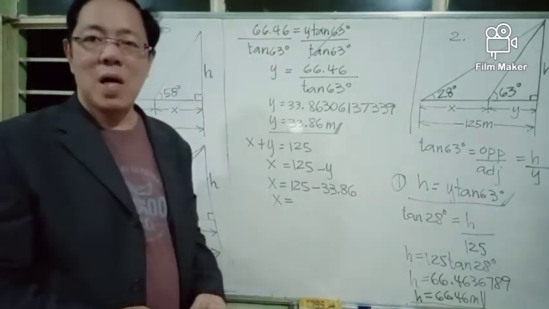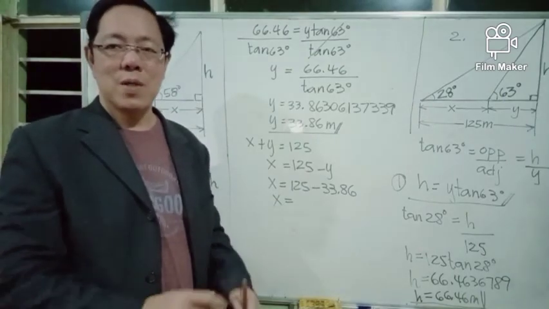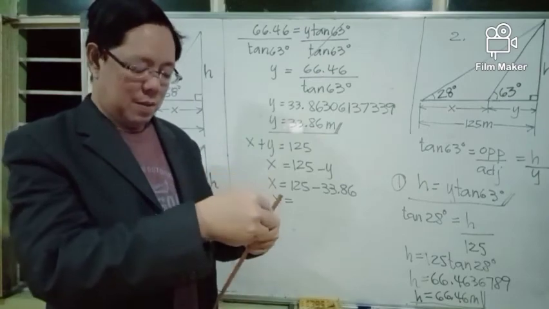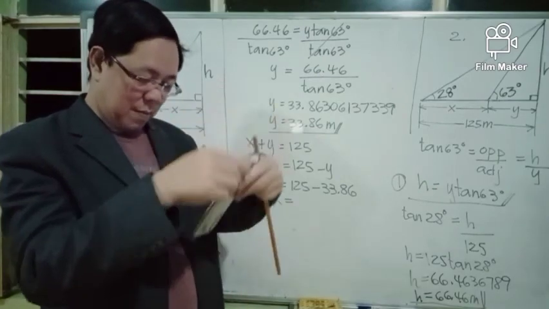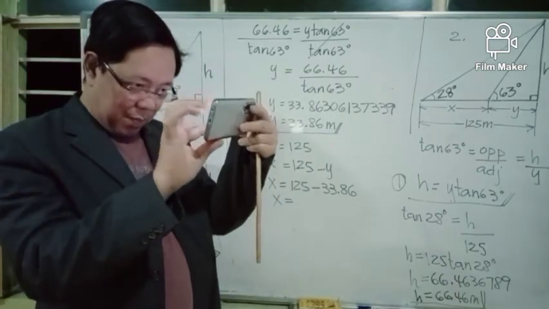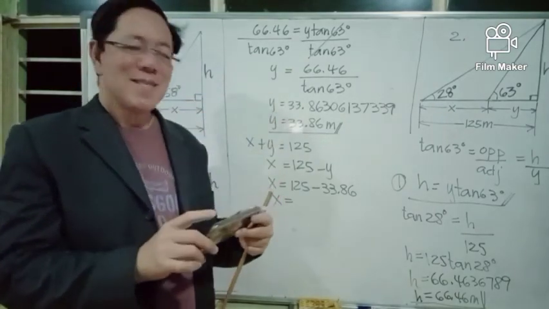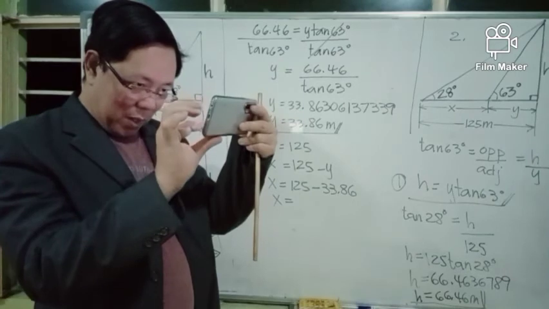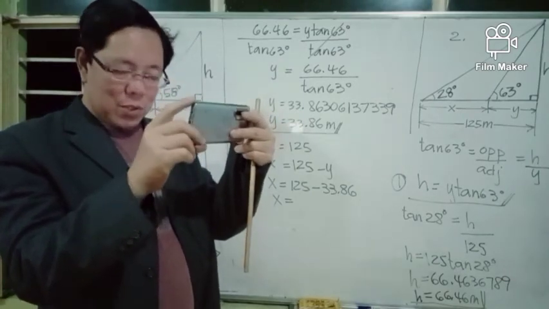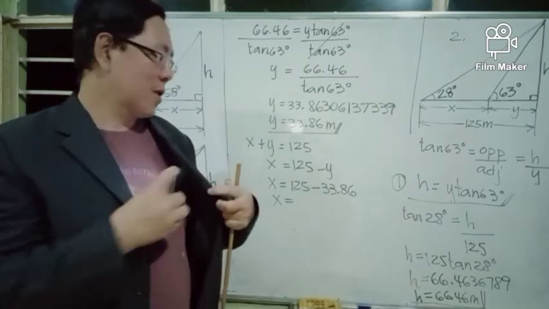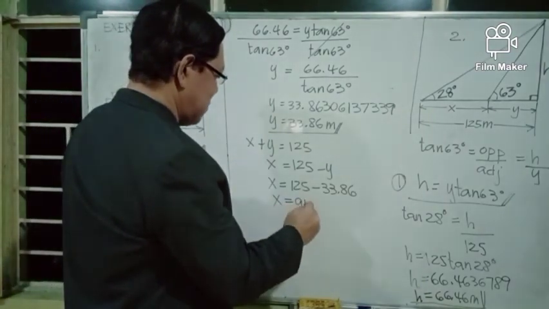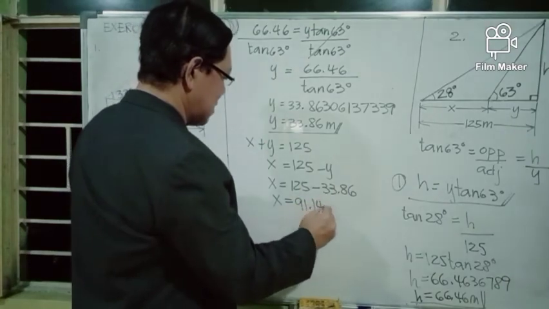And we find this value using our calculator. We have 125 minus 33.86. And you should get 91.14 meters.